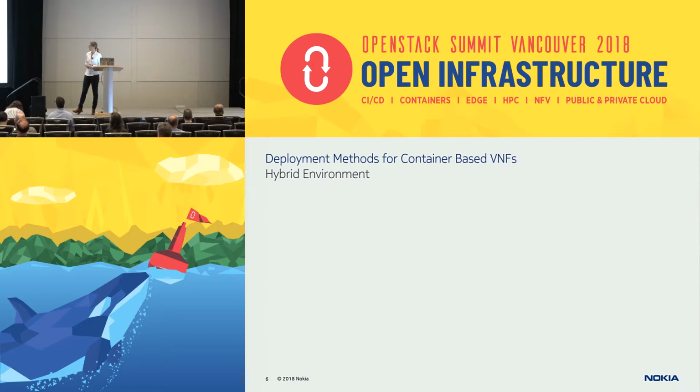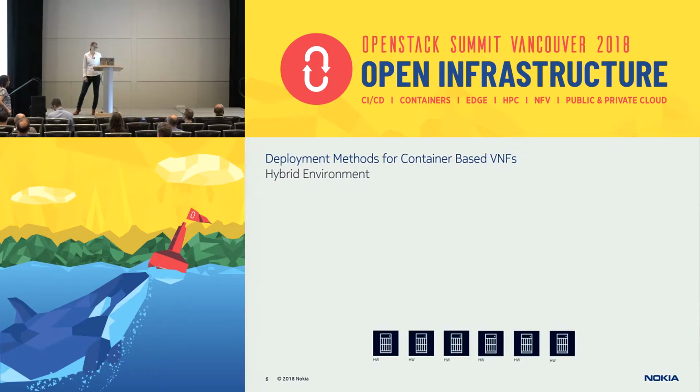To define what we mean by hybrid environment: it's not hybrid in the sense of linking private and public clouds. Imagine we have a hardware pool in the customer environment, and they might decide to go bare metal.